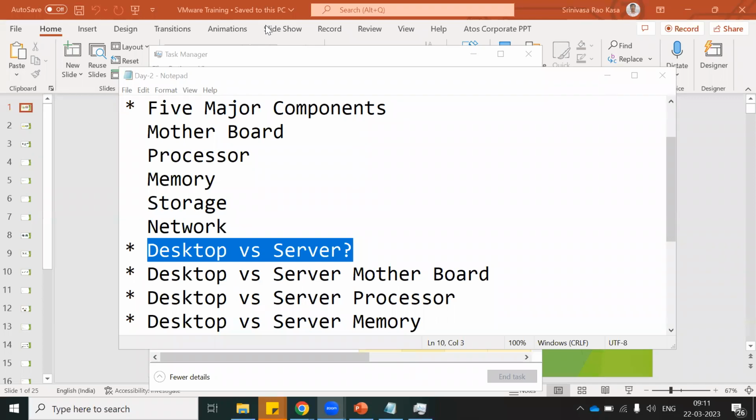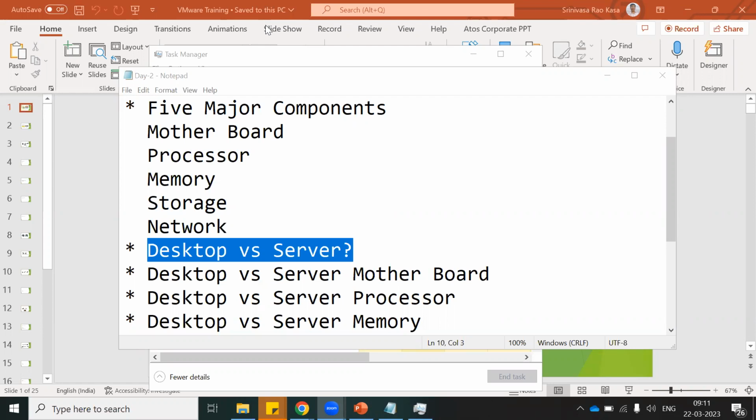Okay. Can I define it another way, that a desktop is a single user interface, whereas a server is a multi-user interface? Yes. Your laptop is a single user interface, and the server is a multi-user interface.